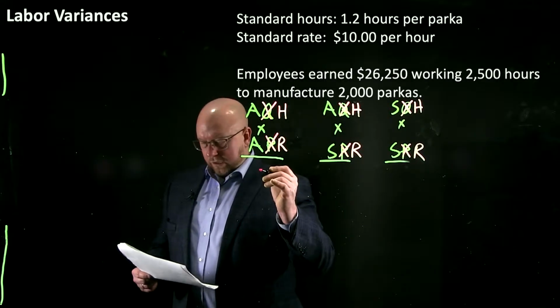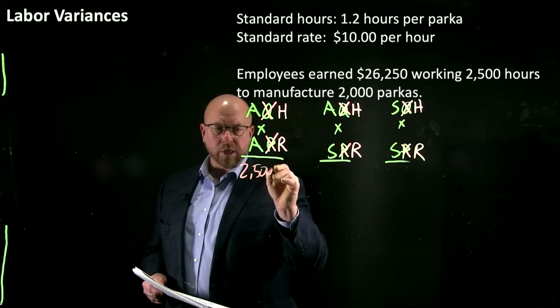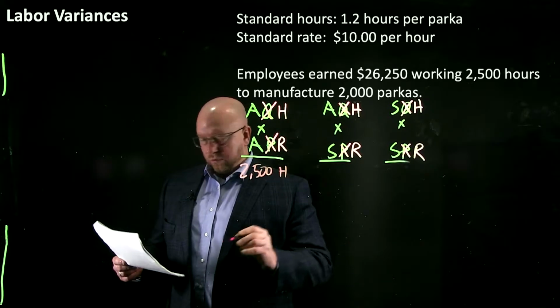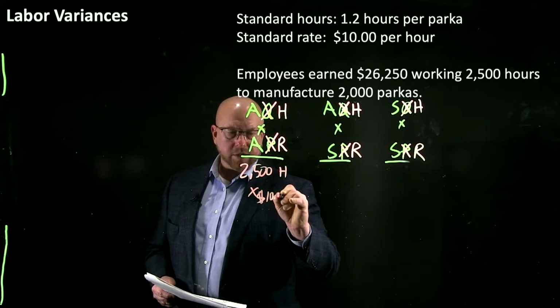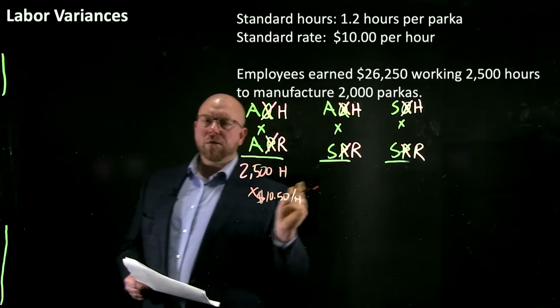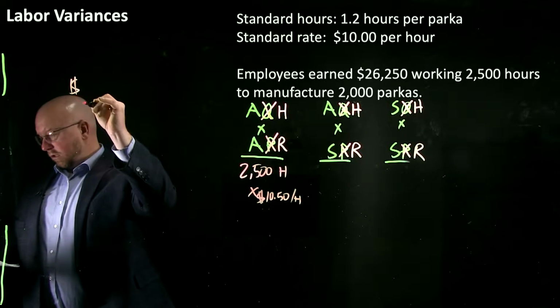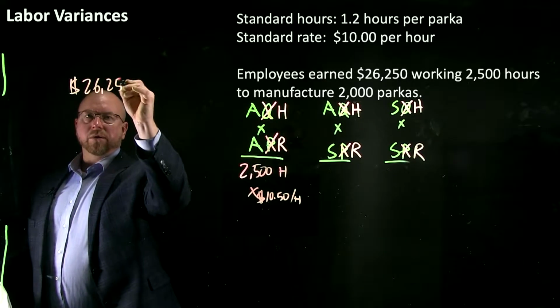So if we take a look at the actual hours, employees worked 2,500 hours, that's given to us. And the actual rate was $10.50 per hour. You might ask yourself, how does he know it was $10.50 per hour? Well, let's just look over here. The total dollars was $26,250.